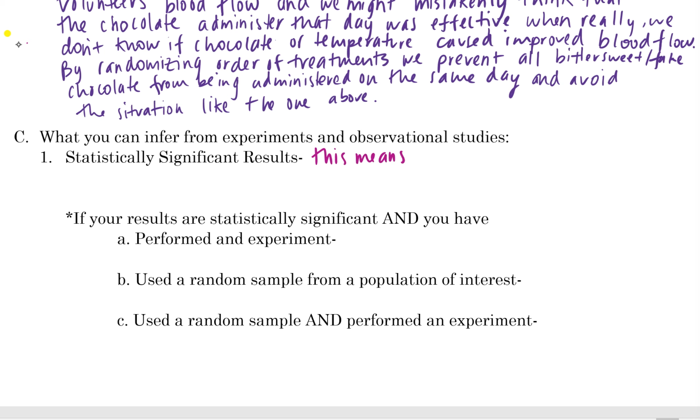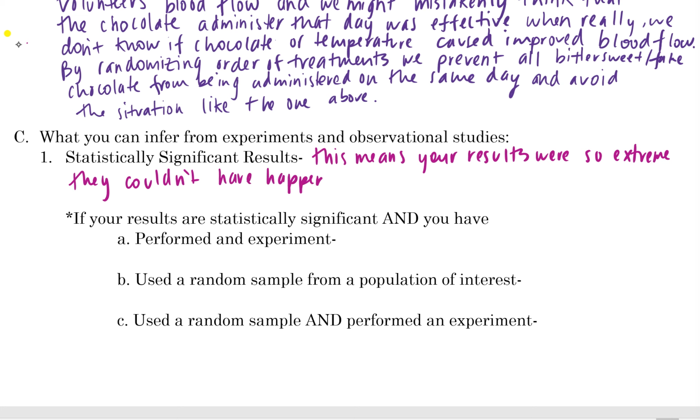So this means your results were so extreme that they couldn't have happened just by chance. They probably couldn't have happened just by chance.